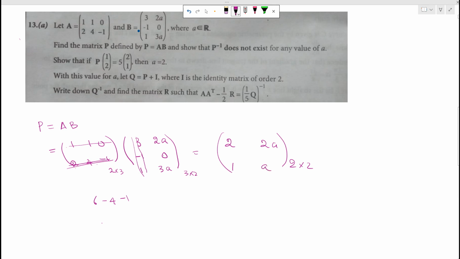So P is this matrix, and we have to show that P inverse does not exist. For that we find the determinant of P, which is equal to 2a minus 2a, which is equal to 0. So P is a singular matrix.